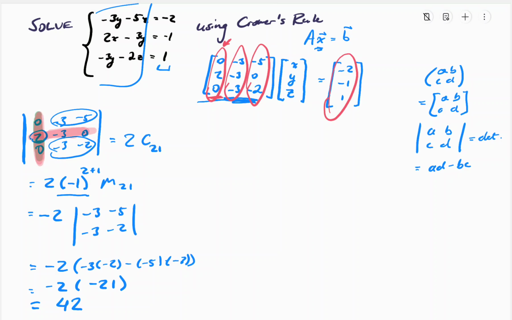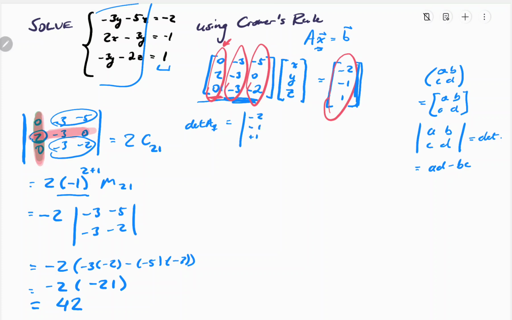So let's go ahead and do that. So the determinant of A sub 1 is equal to the determinant. We're going to sub these 3 numbers in vector b into our matrix, our first column. So we have -2, -1, and +1.